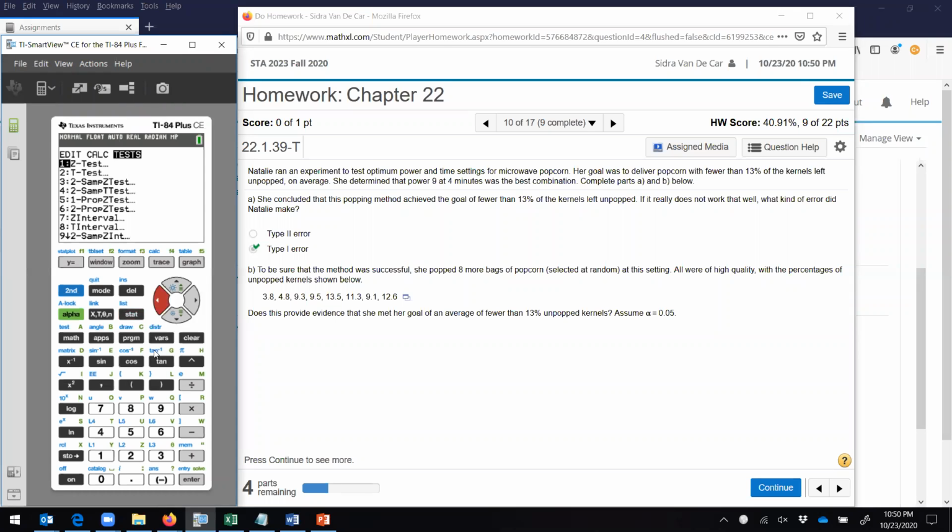By the way, we would check all of the conditions and make sure we can run our t-test here. The mean was 13%.